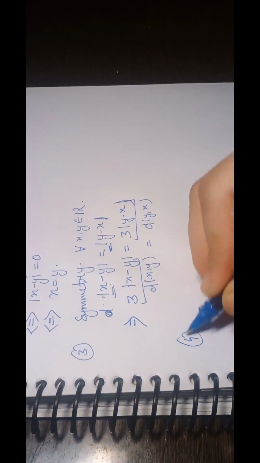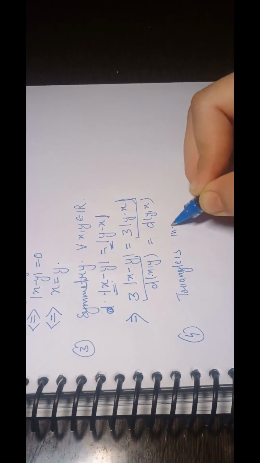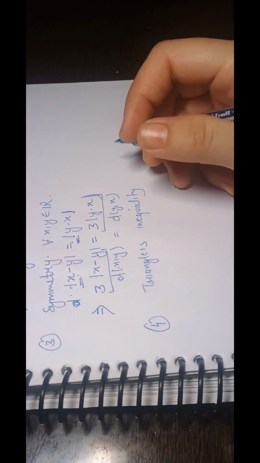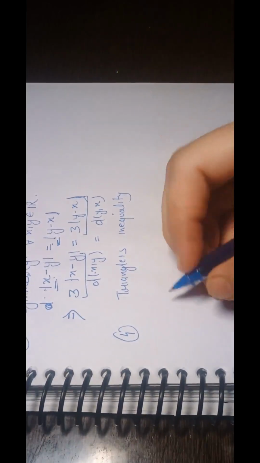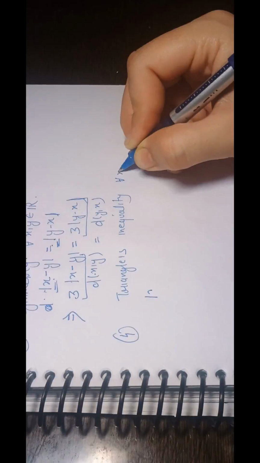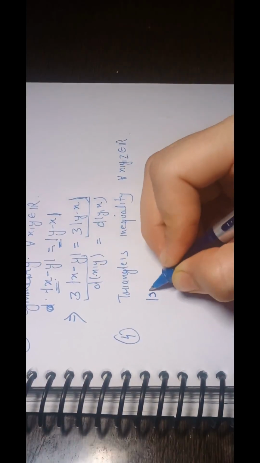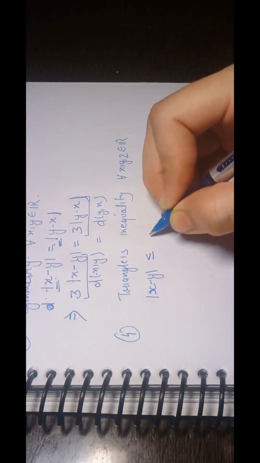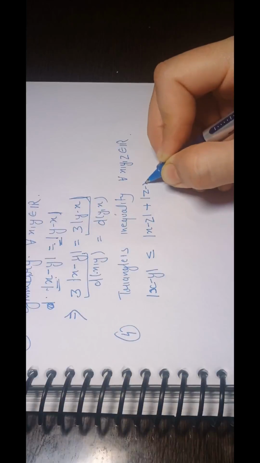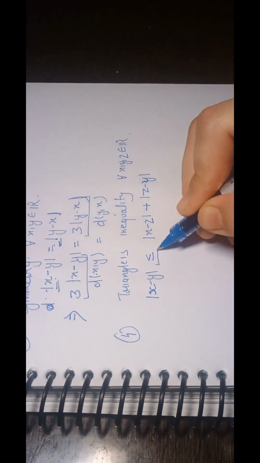Now, number 4 is triangle inequality. Using the usual metric, we know that for every x, y and z belonging to R, mod of x minus y is less than or equal to mod of x minus z plus mod of z minus y. This is an inequality.